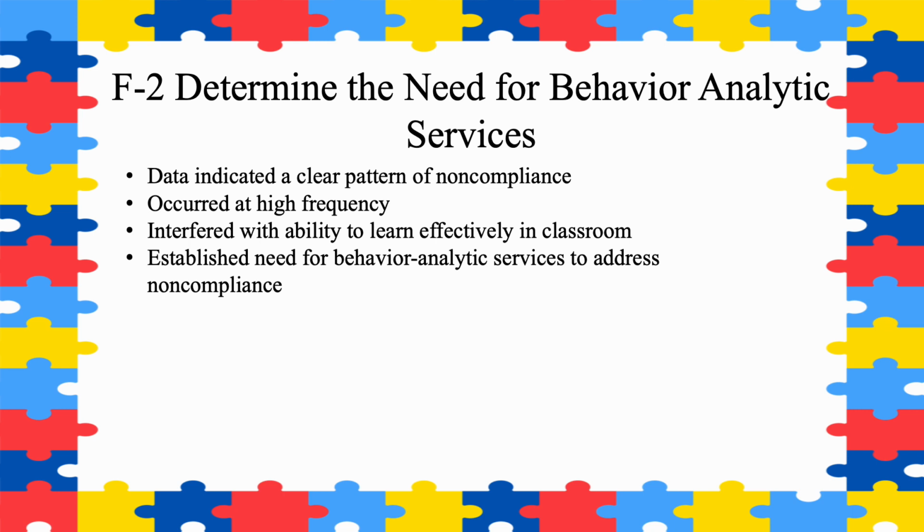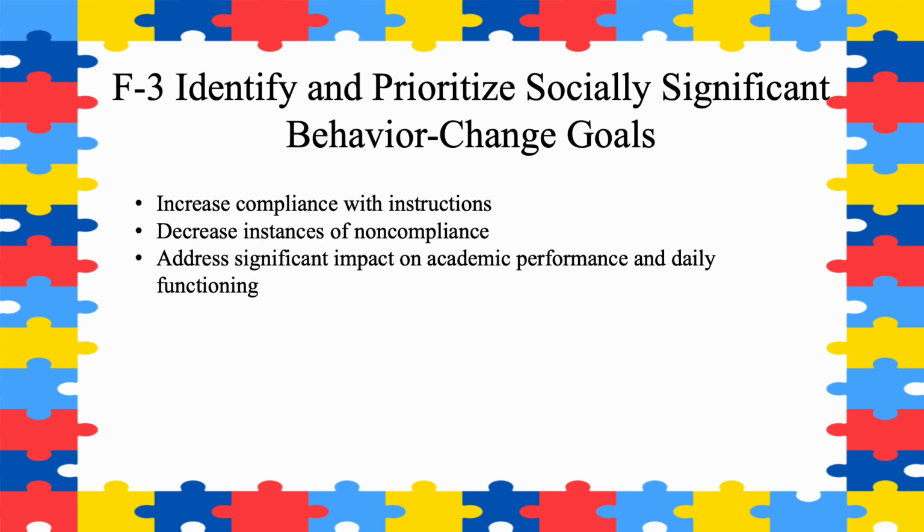Given the high frequency of this behavior, it helped to establish a need for behavior analytic services to address her noncompliance. The next task list item that I will be discussing is F3, identify and prioritize socially significant behavior change goals.